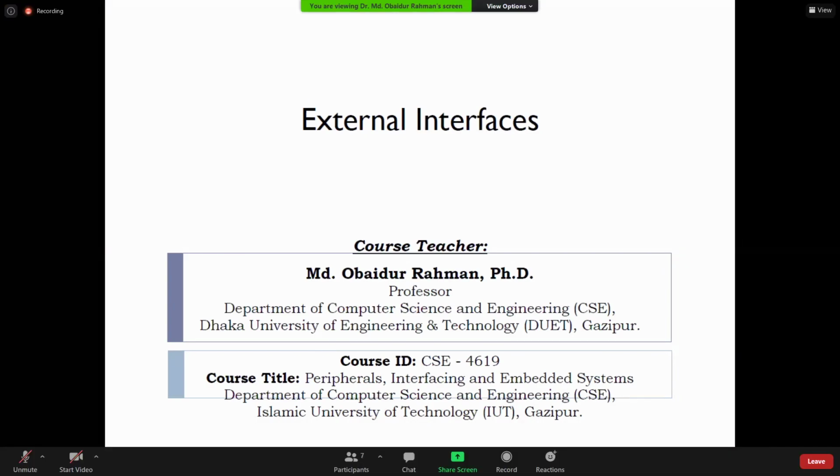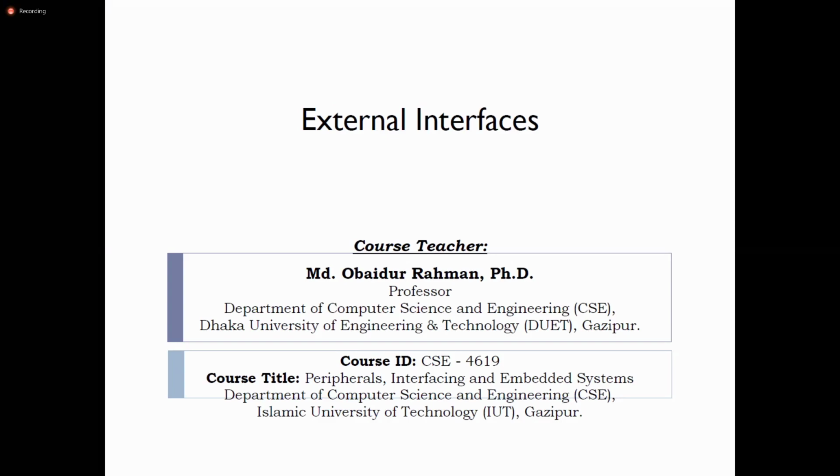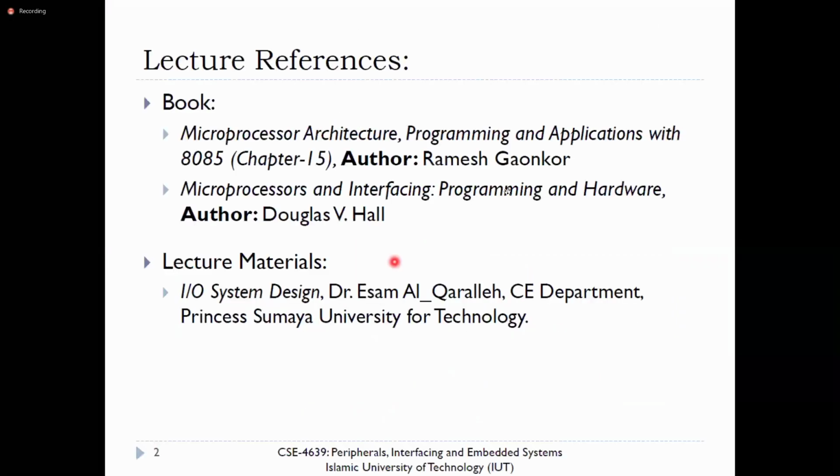Okay, basically today we'll talk about the external interfaces, and all the interfaces will be serial interfaces. Today we'll also talk about some wireless interfaces as well. All of those interfaces are external except one. Let's see which interfaces we'll talk about today.